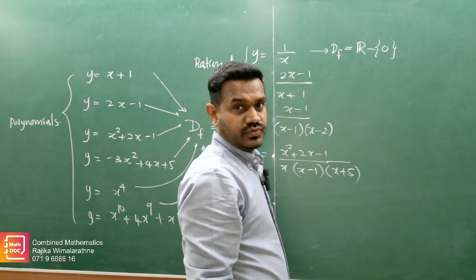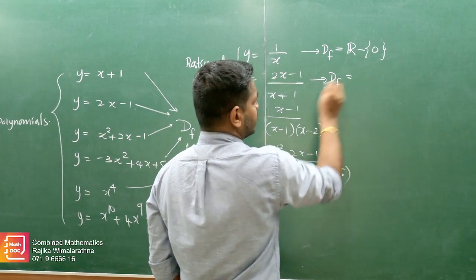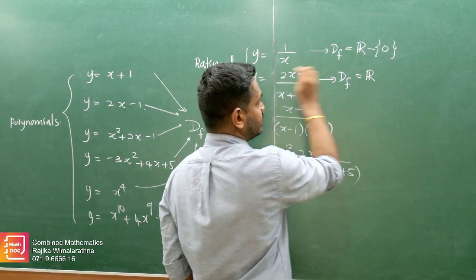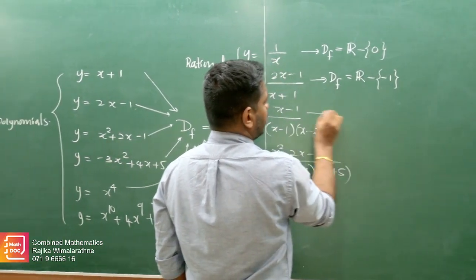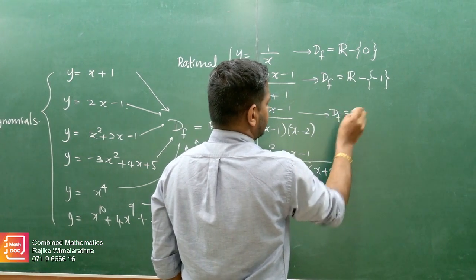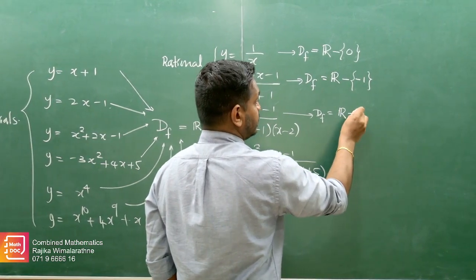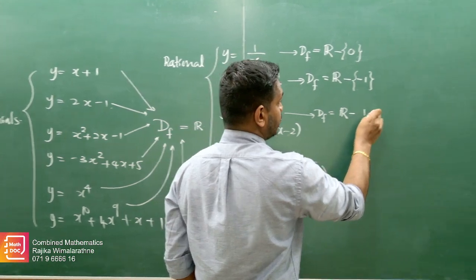Likewise, for this function, the domain is usually the real number set, then you remove the denominator zero, which is minus 1. That's how we remove. For this function, the domain is the real number set, then there are two denominator zeros, one is 1, the other is 2.